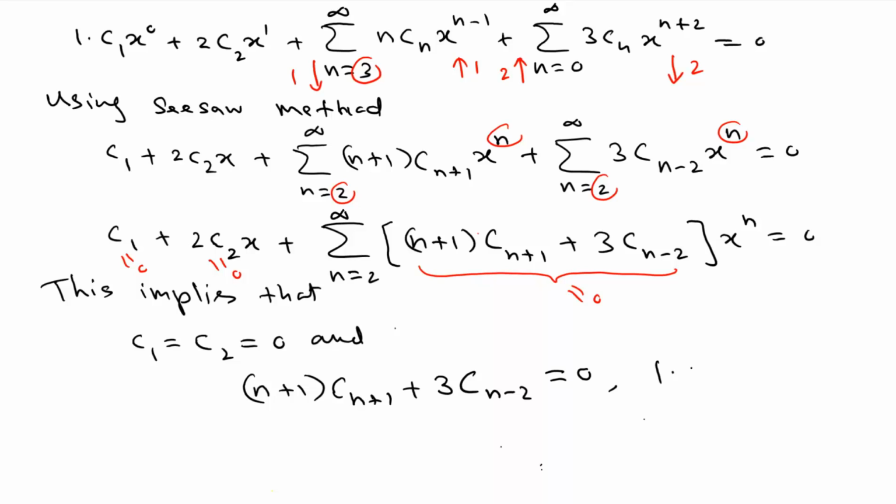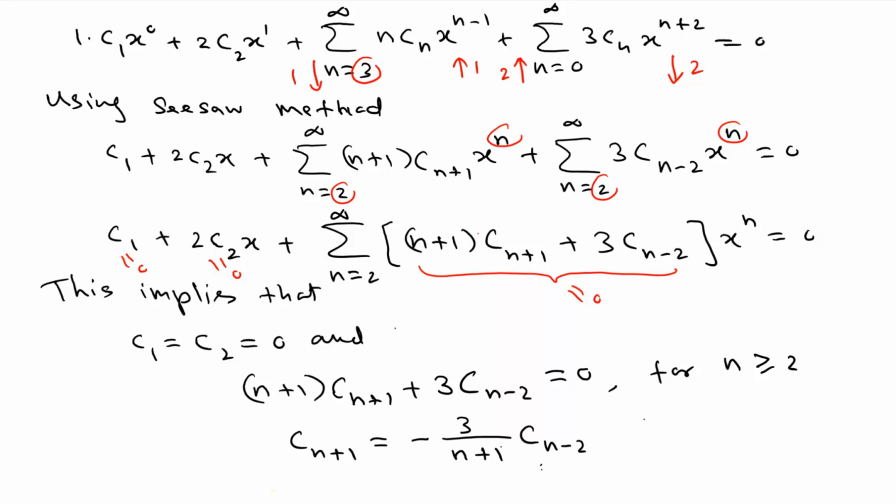Look at the index value, for n greater than or equal to 2. Those are positive integers. So that means, in other words, if you divide by n plus 1 and bring it to the other side, you can write this one as c n plus 1 equal negative 3 over n plus 1 c to the n minus 2.